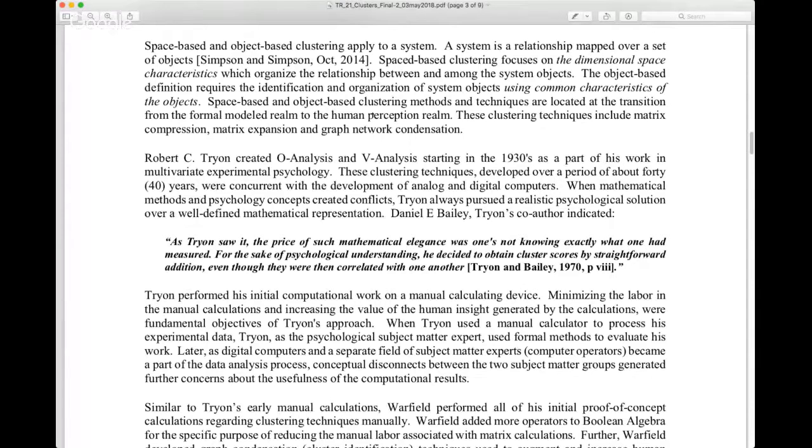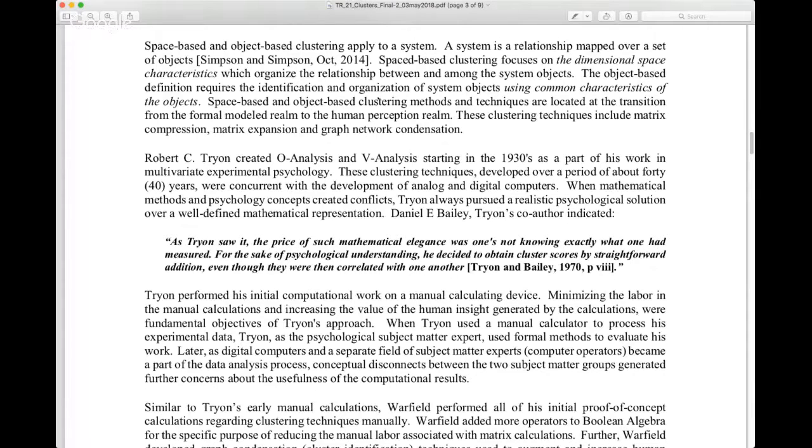But again, what you have here is a subject matter expert who designed the experiments, made the observations, collected the data, and is now processing the data to create clusters, okay? He started before digital computers, and he developed this all the way through to the time when digital computers came online.